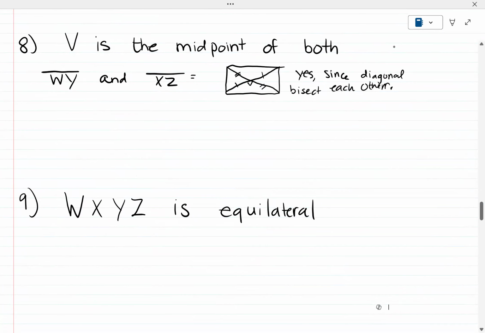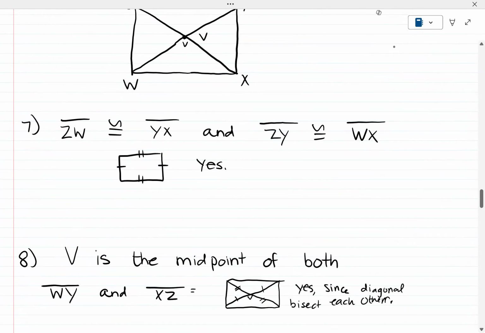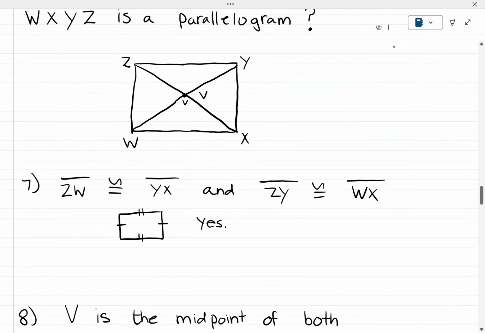Question 9 says WXYZ is equilateral. So are they saying that all the sides are equal?